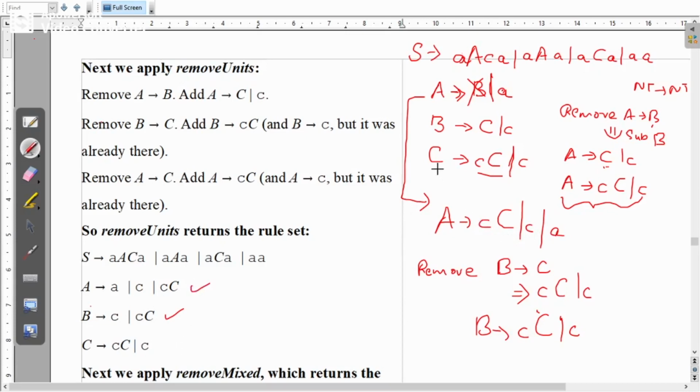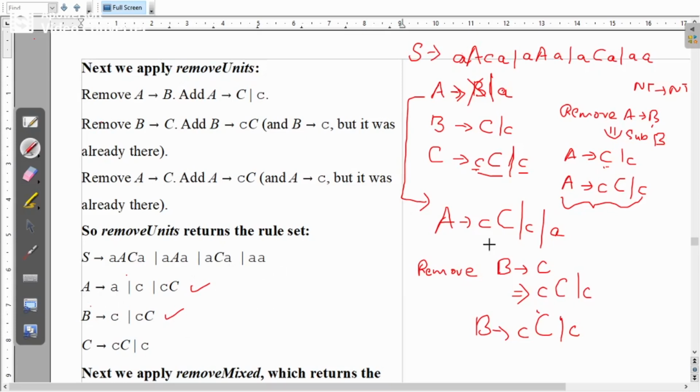Next come to C. Whether we have the form of non-terminal gives non-terminal? No, we don't have this. Whereas this C and this small letter C, these are alphabets. Okay. So finally after removing all the unit productions, I've got this kind of grammar. That is, S gives S. Here there is no change in the first rule.